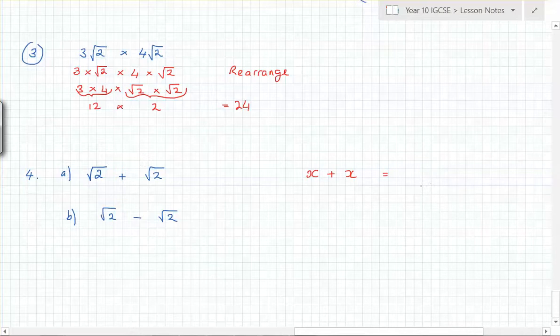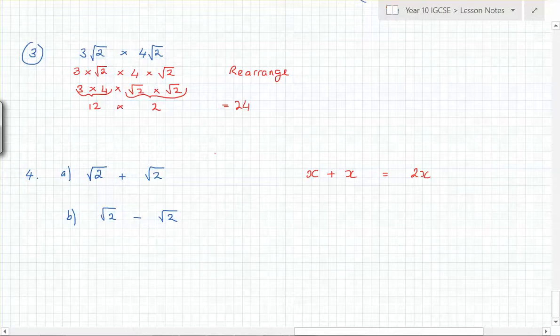No, there won't be x squared. It's 2x. Is it 4 squared? No. Square root 4? No. It's not 2 squared, it's not 4.